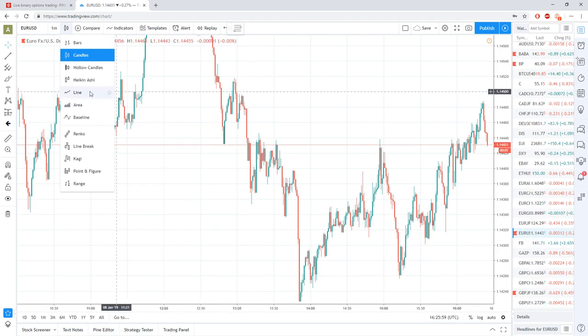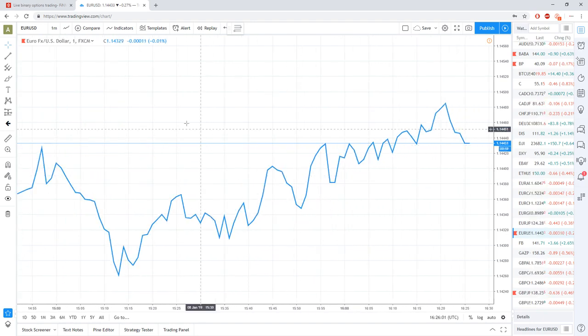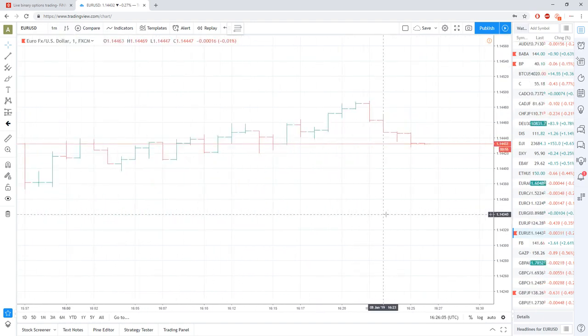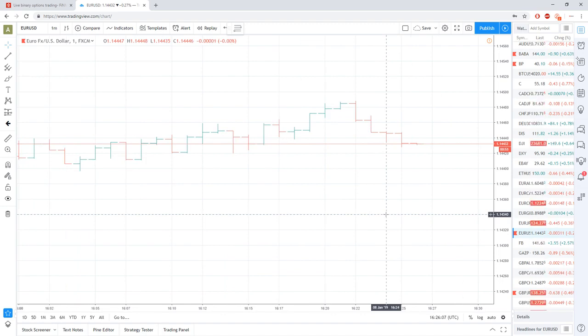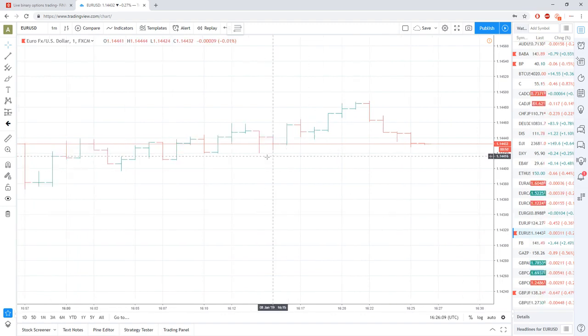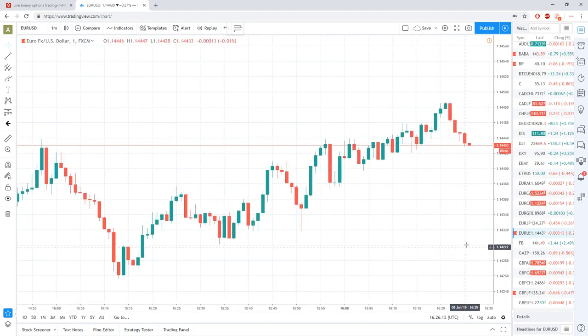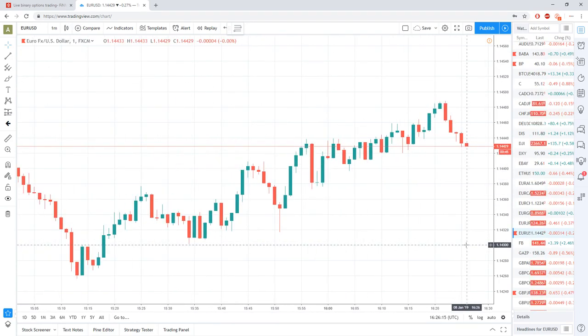We still have the line view, which is so simple, and the bars, almost the same but with a slightly different perception. So you see these, and the candlesticks that most of you are used to.